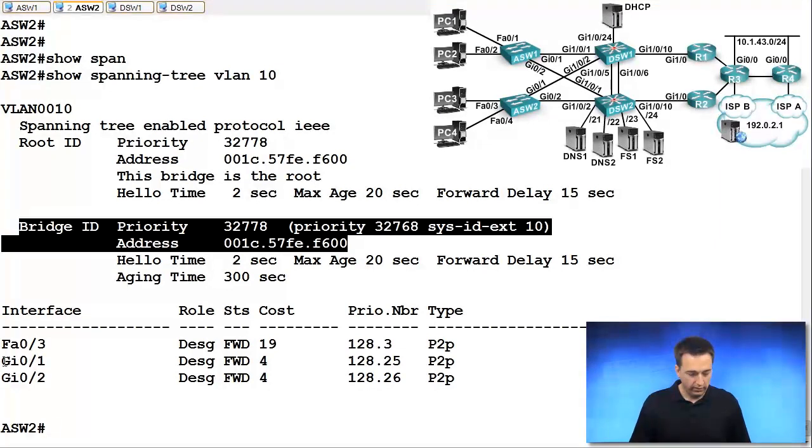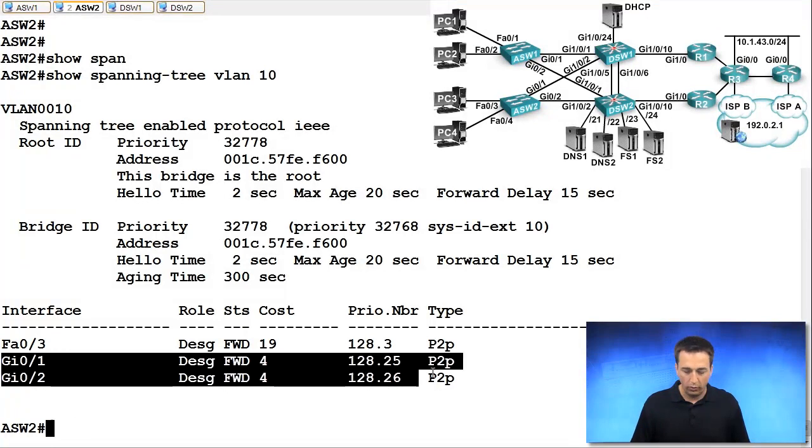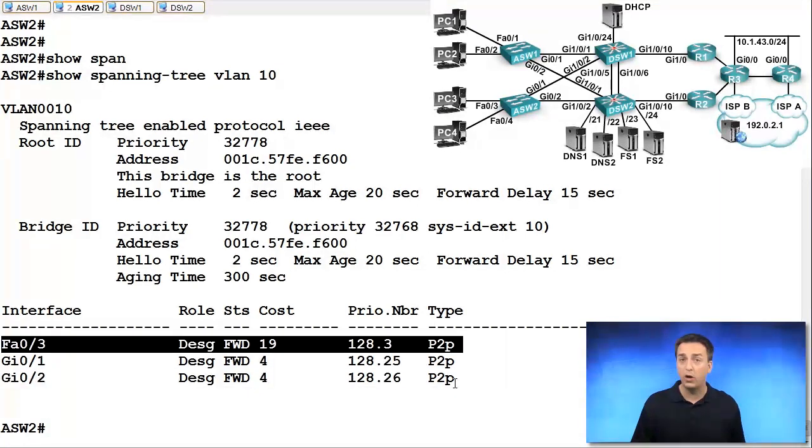And notice that the gigabit Ethernet ports are both designated ports in the forwarding state. And they do have a cost of 4, as we were using to figure out the spanning tree topology. Also notice that Fast Ethernet 0/3 is part of VLAN 10 because PC3 is connected to Fast Ethernet 0/3.